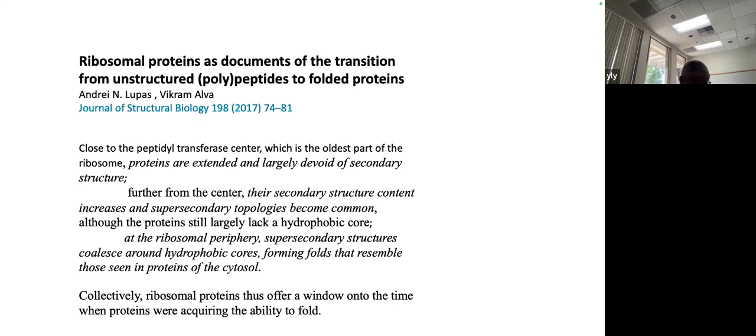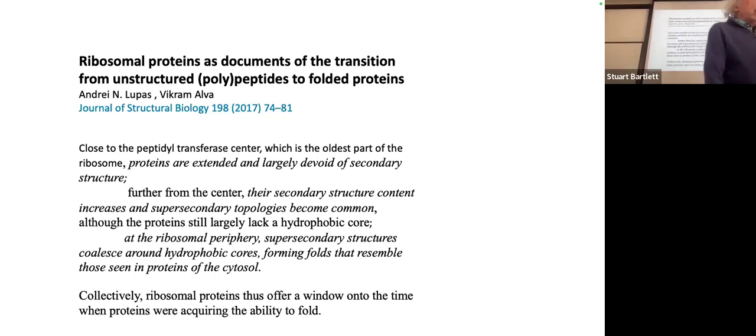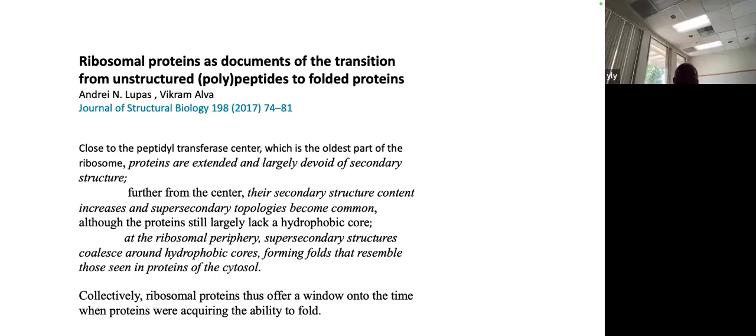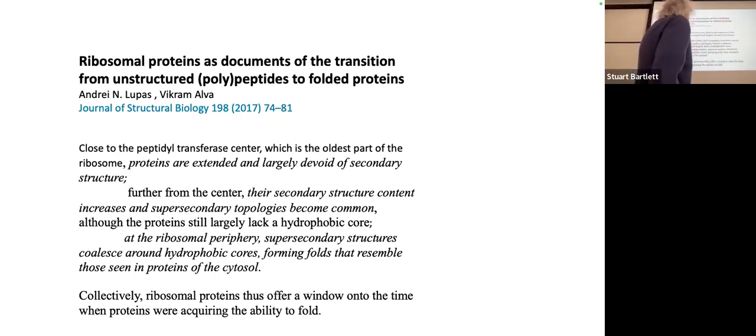You are going from structural proteins to hydrophilic proteins to hydrophobic proteins. And the folds are changing drastically when you go from the extended ones to the ones that are going to turn out to be beta hairpins and beta barrels.